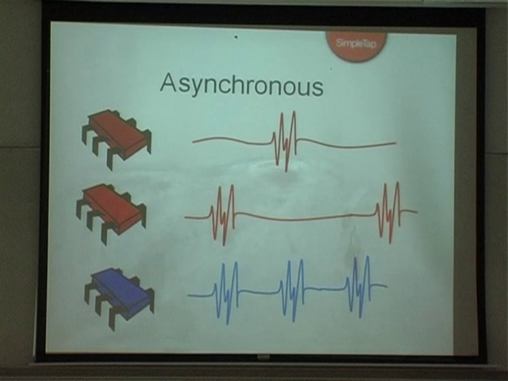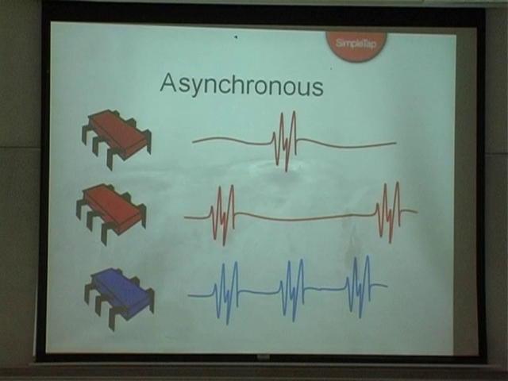In the asynchronous model, we say, well, it's too hard, even on a modern processor chip, it's very difficult to deliver the clock pulse at the same time to all the pieces of the chip. So we can say, forget about time. We're not going to make any assumptions about the relative speed of processors. One can run really fast and one can run really slow. A processor can run really fast, then take a page fault, not take any steps for millions of cycles, and then come back and run really fast again.